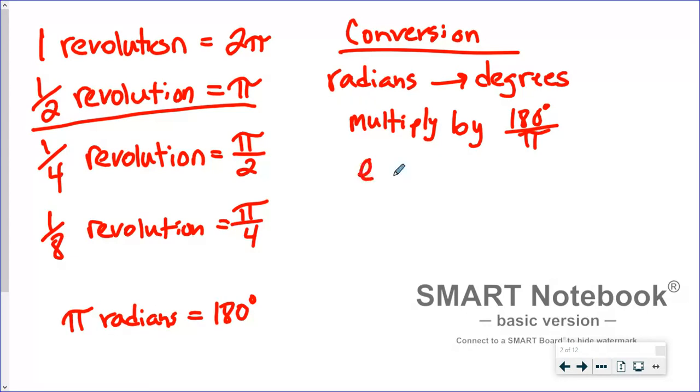For example, we can use this stuff over here just to verify. Let's do pi over 4. We multiply this by 180 degrees over pi. What happens to my pi's? They cancel. So really we're just doing 180 divided by 4, which is 45 degrees.